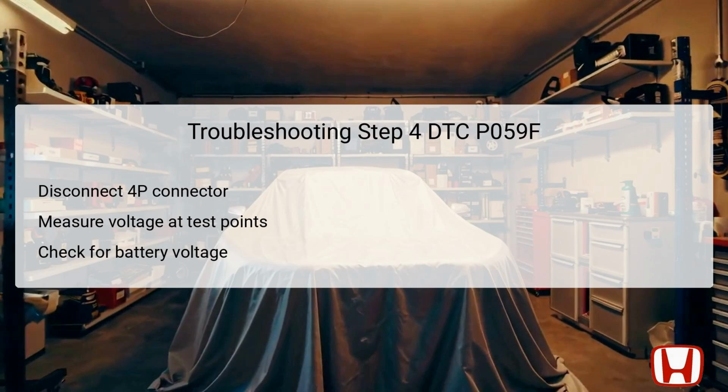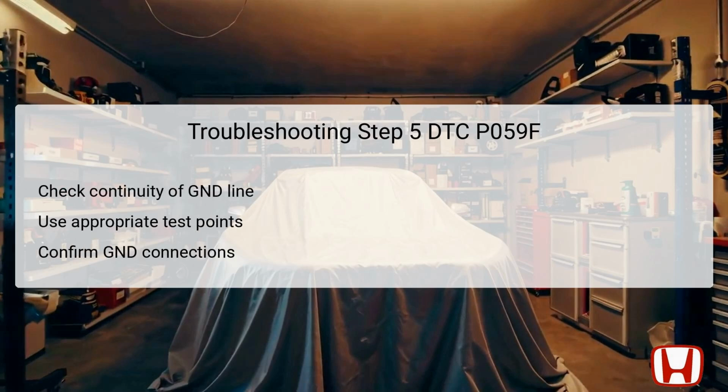In the fifth troubleshooting step, the focus shifts to the GND line of the shutter grille assembly. First, ensure that the vehicle is in the off lock mode and that you have the shutter grille upper 4P connector disconnected. Then, check for continuity between test point 1, the female terminal number 4 of the 4P connector, and test point 2, the body ground.